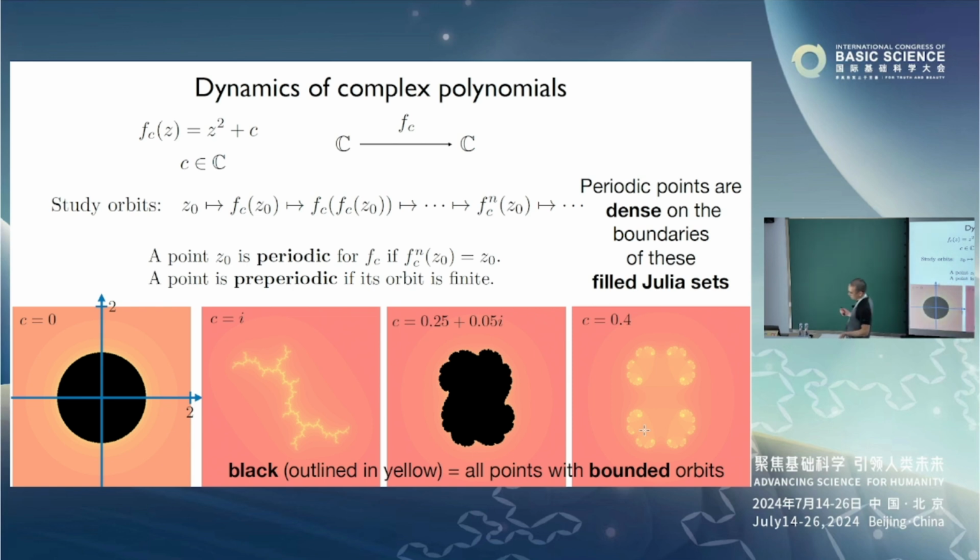If you keep changing the C, you will have more and more complicated structure of the Julia set. And you know that the preperiodic points are dense on the Julia set, so there are lots of preperiodic points. Is it connected? This one is not. This one is totally disconnected, because this is a Cantor set.